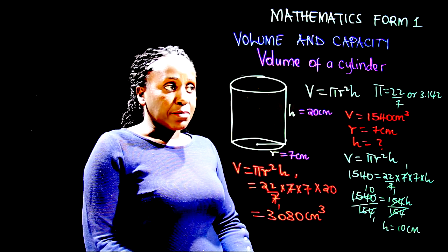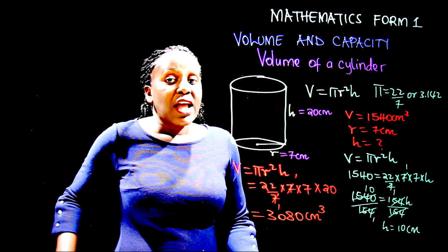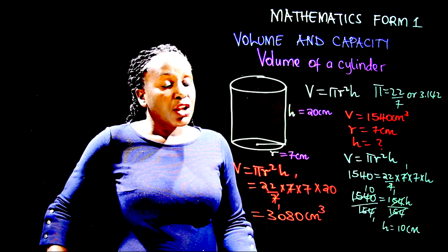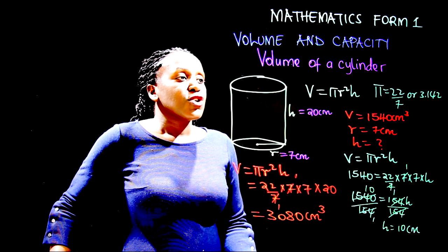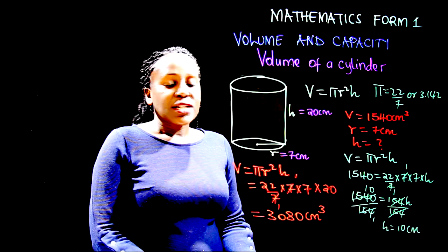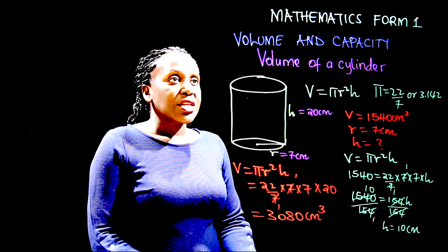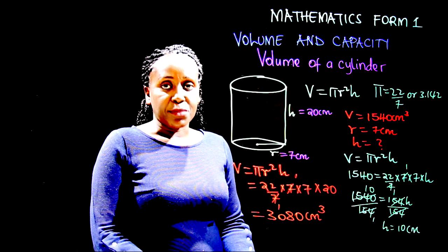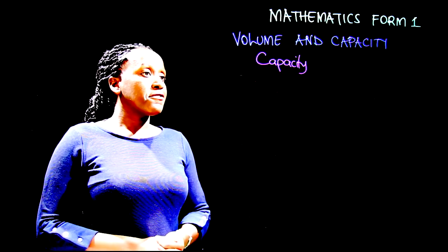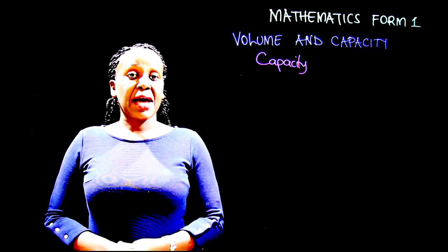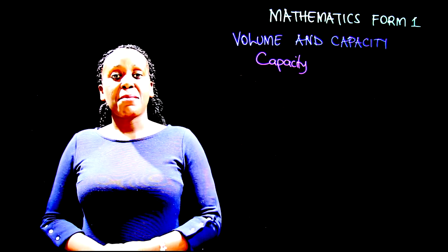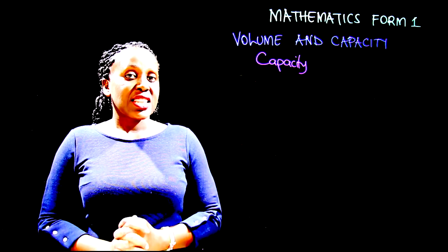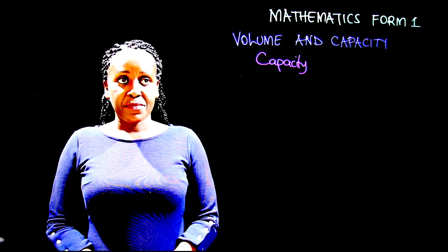So now we have learned how to determine the volume of a cube, a cuboid, and then a cylinder. So we are going now to look at what is capacity and how is it related to volume. Capacity refers to, so when we talk about the capacity of a container, we are talking about the amount of liquid that that container can hold.